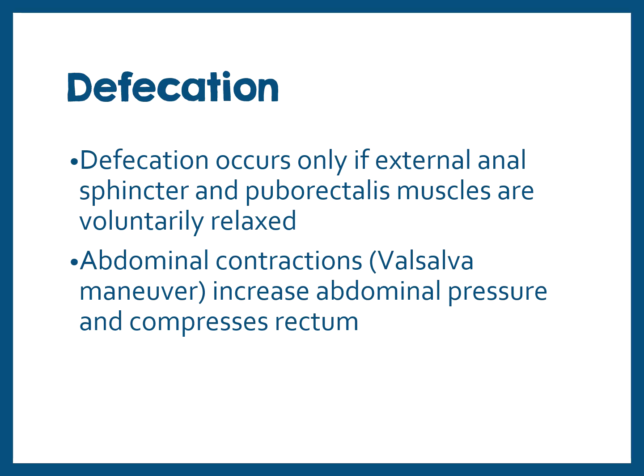If we are not voluntarily relaxing those muscles, then the external sphincter is going to be closed. And then we'll have abdominal contractions called the Valsalva maneuver, which, we've all done it, increases abdominal pressure and compresses the rectum to help with the passage of feces through the anus.